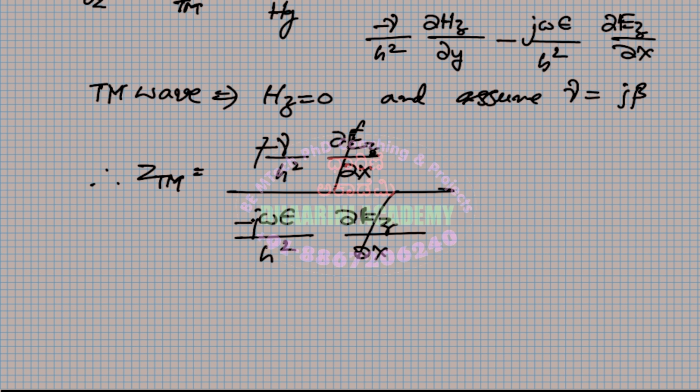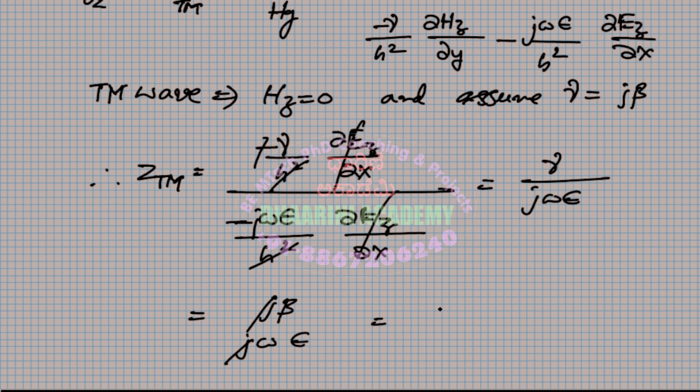Also the h square gets cancelled. Perfect. So you can see that I have gamma over j omega epsilon. But I made an assumption that gamma is equal to j beta, so I can substitute now. This is j times beta divided by j omega epsilon, which is equal to beta divided by omega times epsilon.